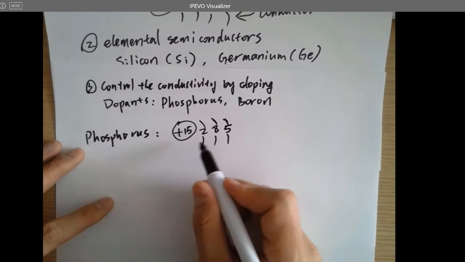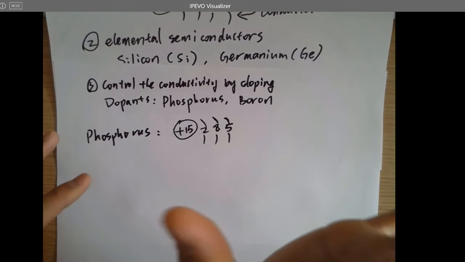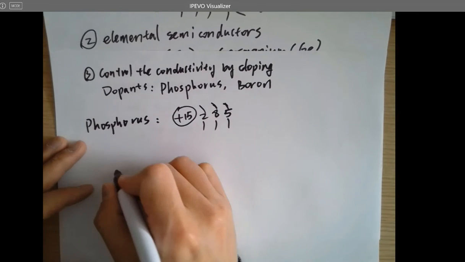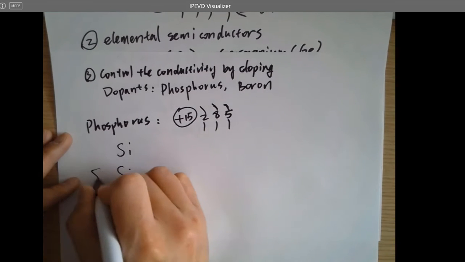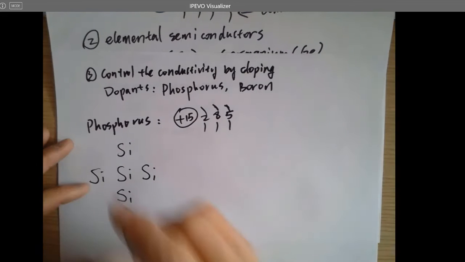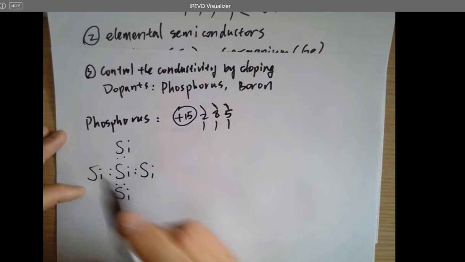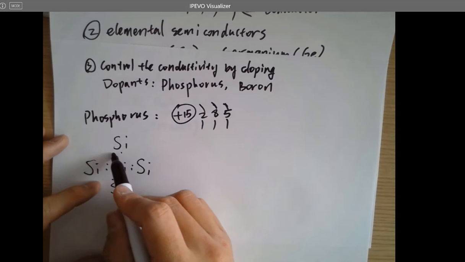Okay. So if I grab a piece of pure silicon, the crystal lattice looks like this. I just didn't draw all of them because it would take the entire semester, even longer, to draw that. Billions of atoms. And they share the electrons with the adjacent atoms, like this.